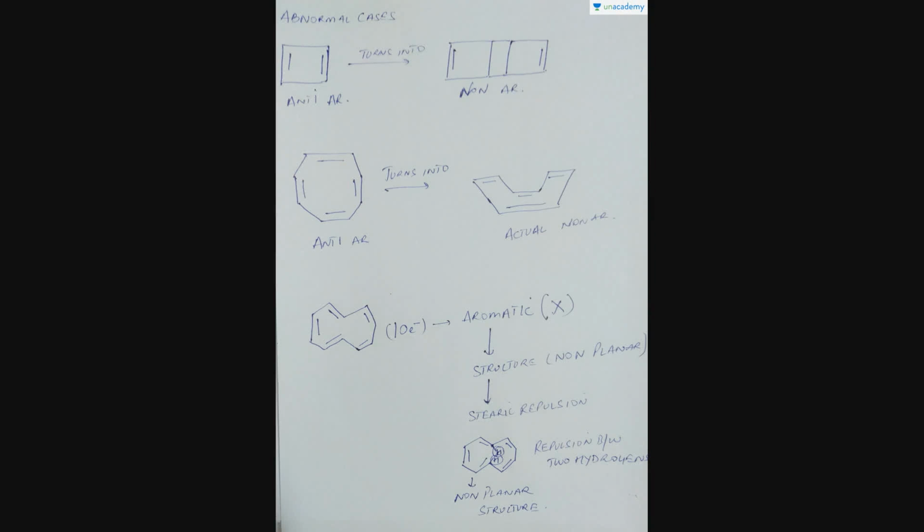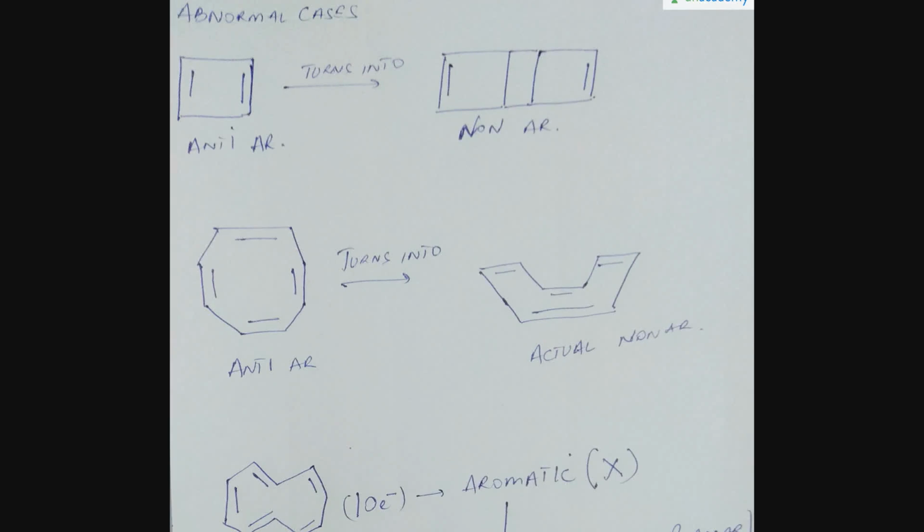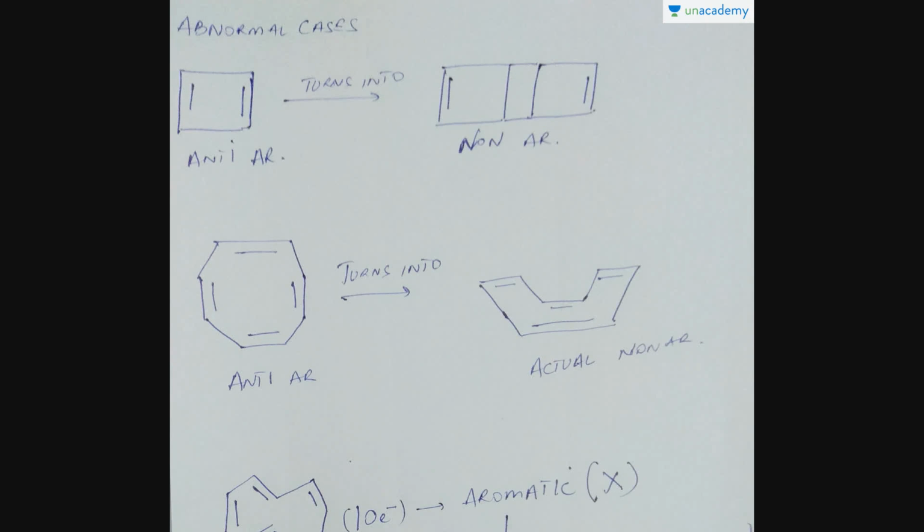Now let us discuss some of the abnormal cases. These are really mischievous cases, because they are not normal. Let us consider this molecule. We can easily see that there is loop current and there is resonance, and there are 4 electrons revolving around, and it fits into the category of anti-aromatic compounds.